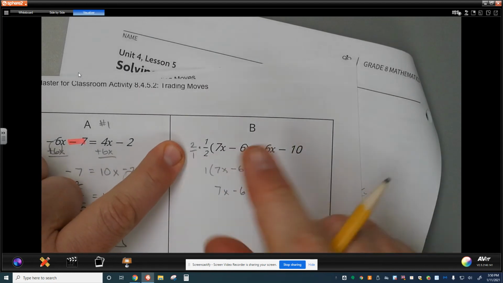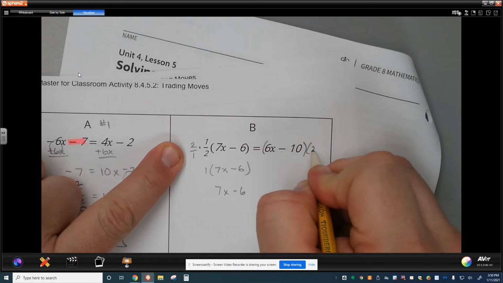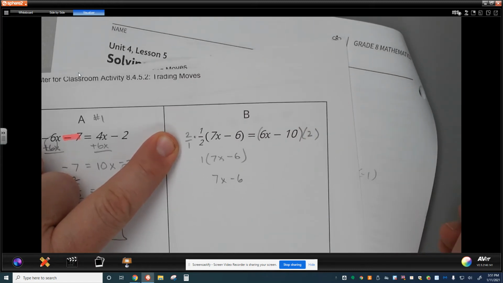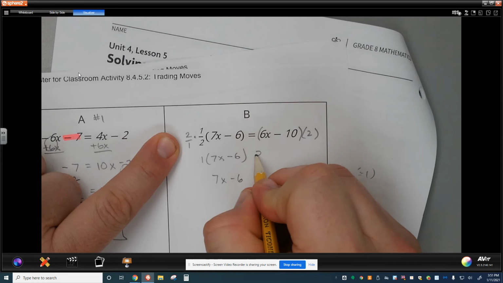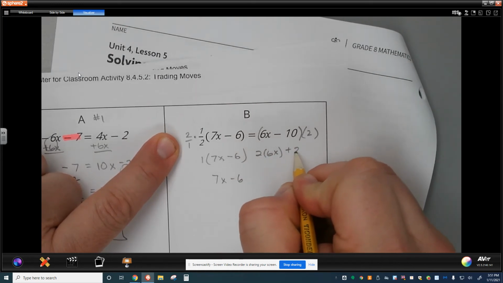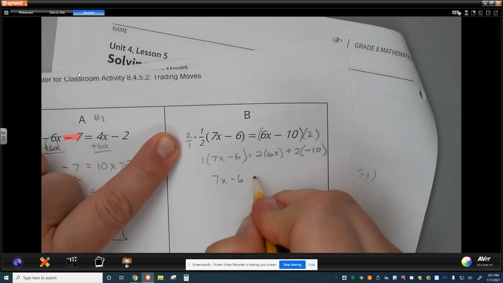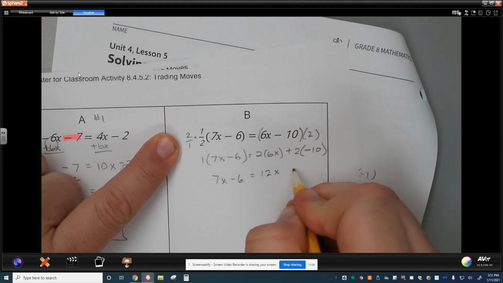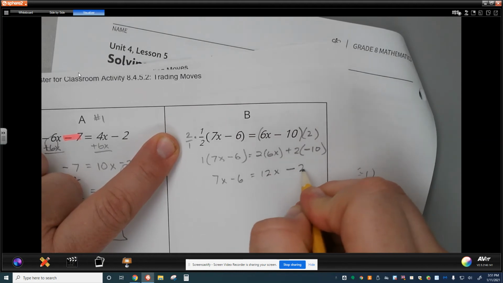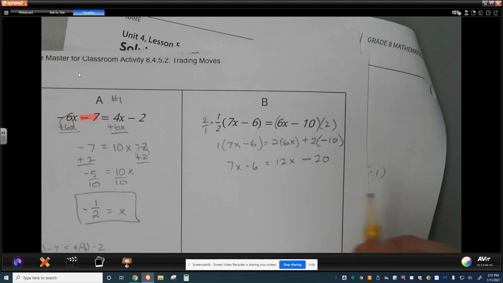By multiplying by 2 on this side, I have to remember to multiply by 2 on this side as well, making this twice the value of 6x plus twice the value of minus 10, which means that I have 12 times x minus 20. And then I can go ahead and solve however I need to.